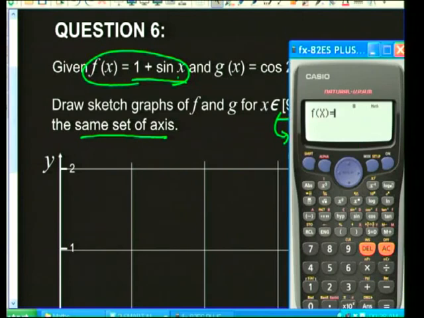We can actually punch all of this into our calculator. F of x equal to 1 plus sine x. And we want to start at 90 because that's what they gave us, and end at 360. And you want to go up in 90s, like we always do for sine and cos. And there. So at 90 degrees, it's 2.